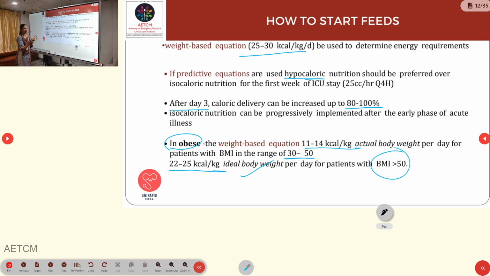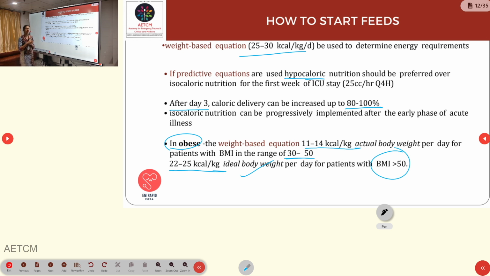So we have already mentioned that we will be using either the ideal body weight or the actual body weight. One thing we should note is that if the patient is obese and we are restricting the nutrition, some elements will be depleted, especially the patient's micronutrients will come down. So we shouldn't avoid giving feeds to an obese patient.